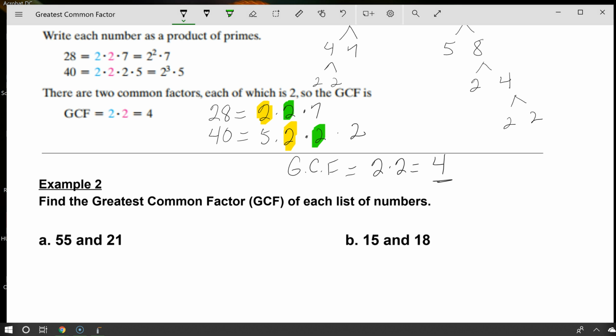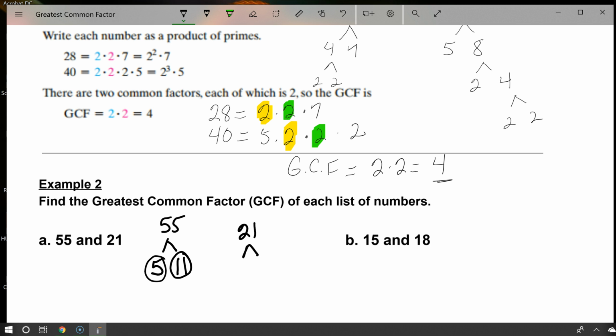So now I want you to find the greatest common factor between 55 and 21. So we're going to have 55, and you're going to do your prime factorization. You have 5 times 11, and we know that 5 and 11 are prime. The factors of 21 are 3 times 7, and we know that 3 is prime and 7 is prime.